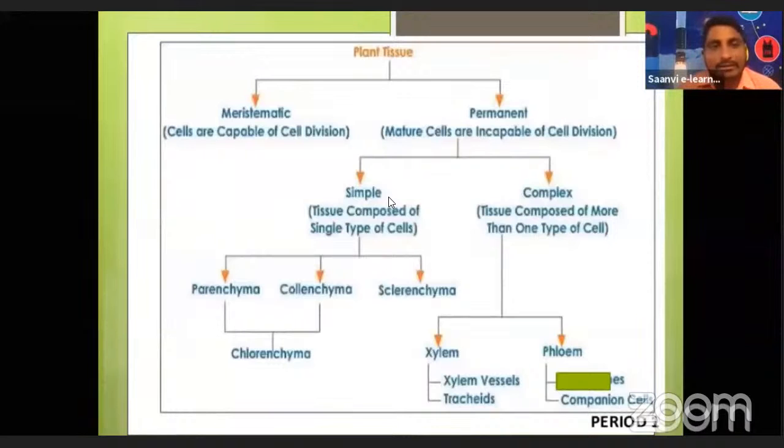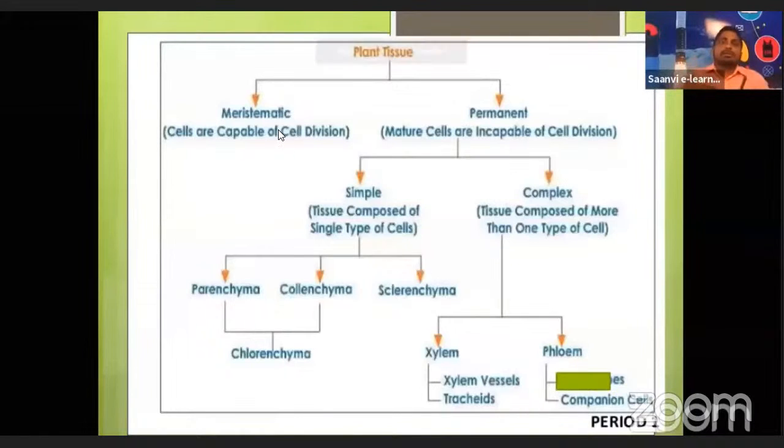Okay, now here two are there. The first one is meristematic, the second one is permanent. Meristematic cells are capable of cell division. Cell division means, if a plant gets injured, then new cells can come from pre-existing cells.